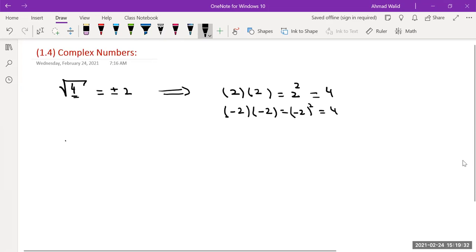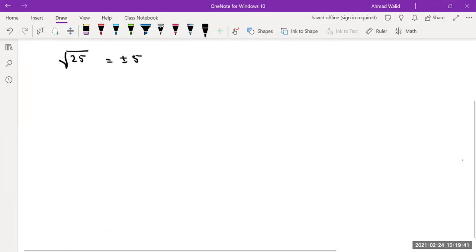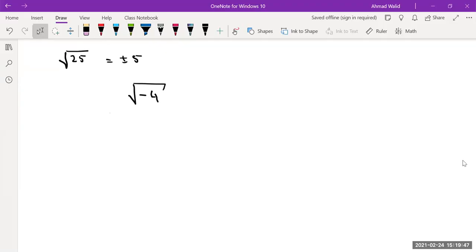Now, if I ask you what is the square root of 25, easily plus or minus 5. But if I ask you what is the square root of negative 4, what will be our answer here? Because if I multiply positive 2 with 2, it gives me positive 4.